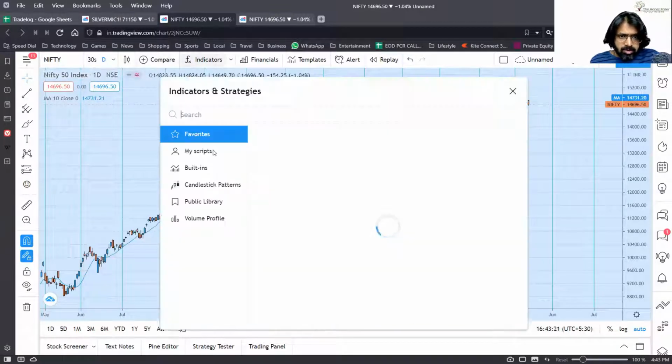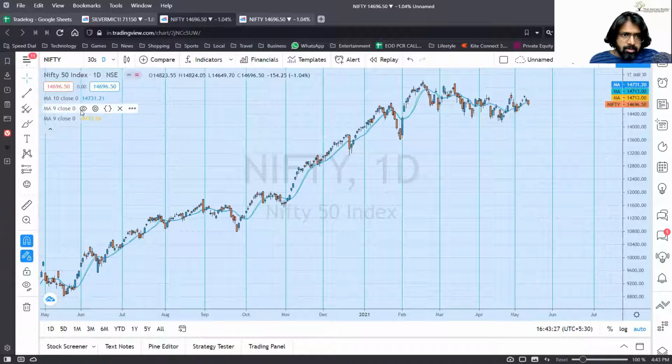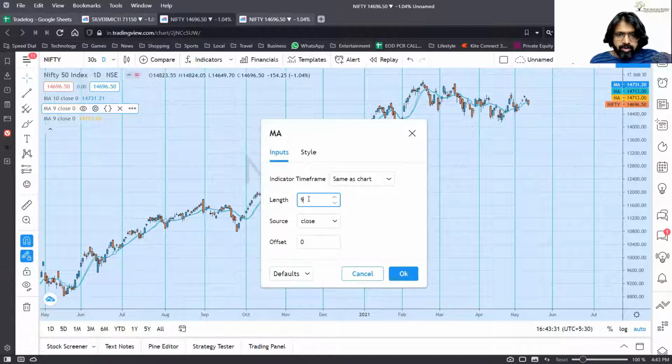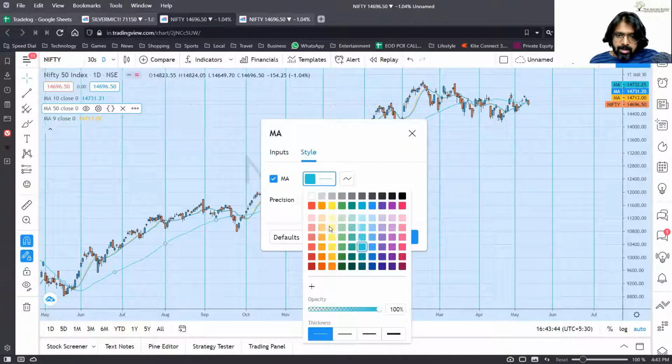So I've put three moving averages here. One is a 10 period moving average, which is clearly the short term moving average. Apart from that, I will put a 50 period moving average here, which is probably your intermediate moving average. And I will give it an orange color.